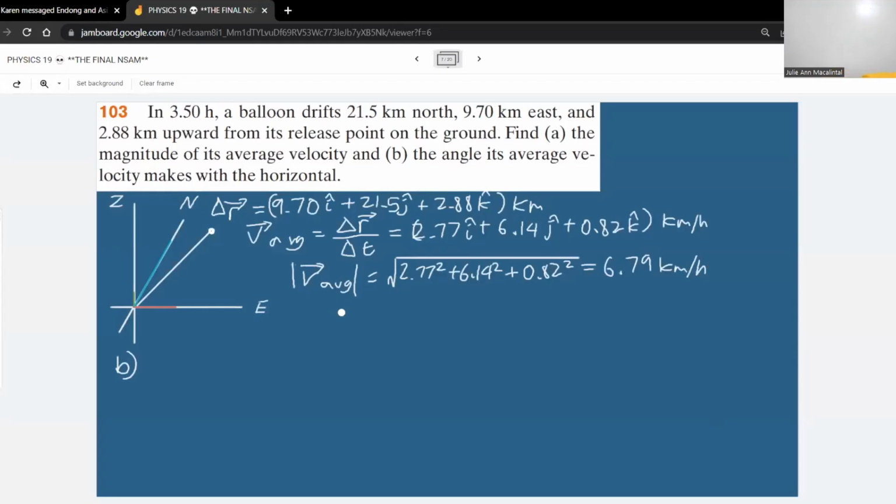Tapos, balik tayo. So, 6.79 kilometers per hour. Ngayon, how do we get the angle? Ganito, we're looking for the angle with the horizontal, di ba? The horizontal is a plane.